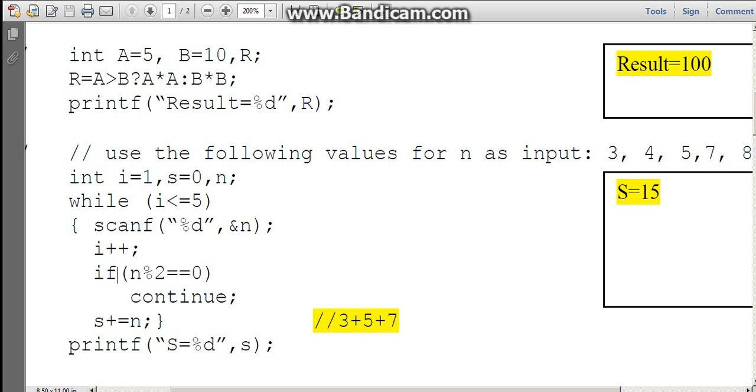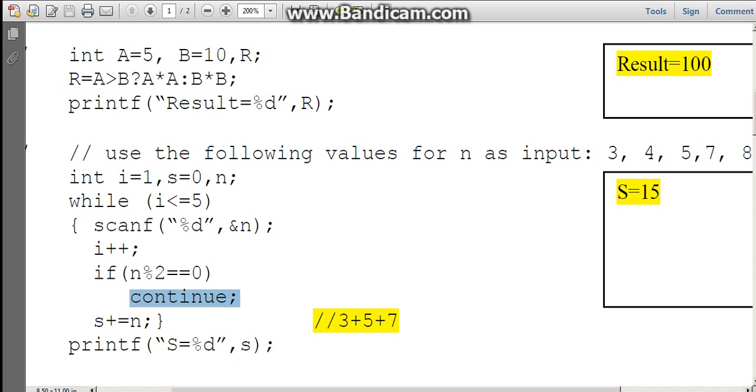Alright, so first of all we need to substitute 3 instead of n. This means remainder: 3 divided by 2, the remainder is gonna be 1. Alright, so it's not equal to 1. Continue means just escape or jump.